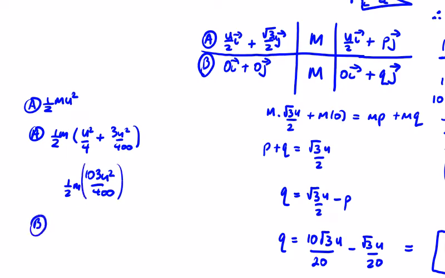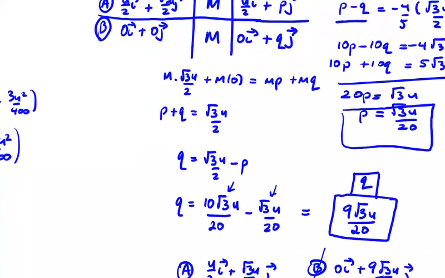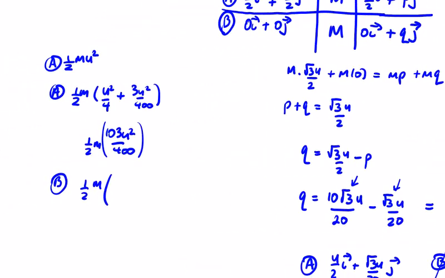And then for B, it's going to be a half m times just q squared. No, it was the 9, wasn't it? We got 19 or 9, so it's this guy squared. So that's 81 by 3, 243 u squared over 400. So these two added together is going to be 346 u squared over 400.